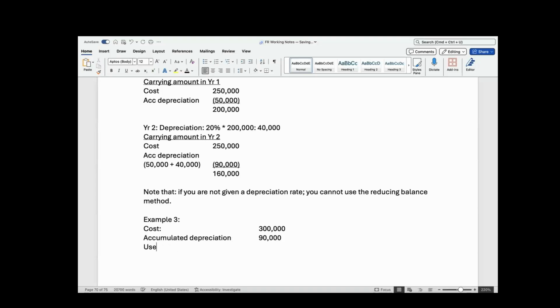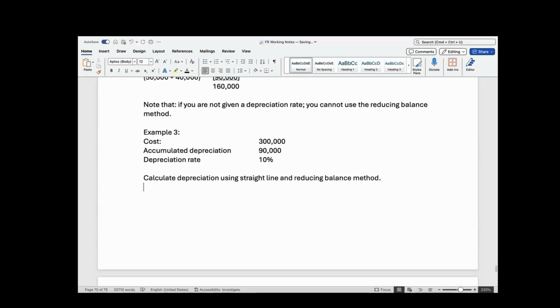Let me use depreciation rate, it is more flexible. If given depreciation rates of 10%, I'm now asked to calculate depreciation using the straight line method and the reducing balance method.